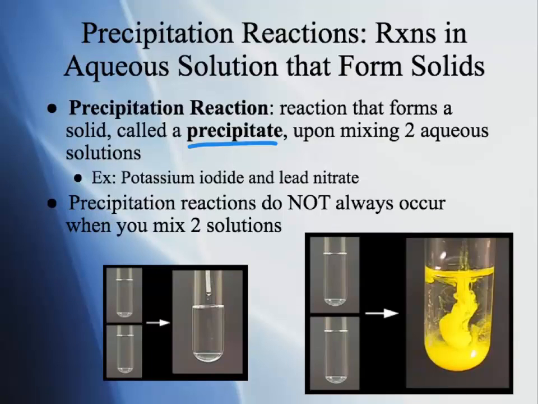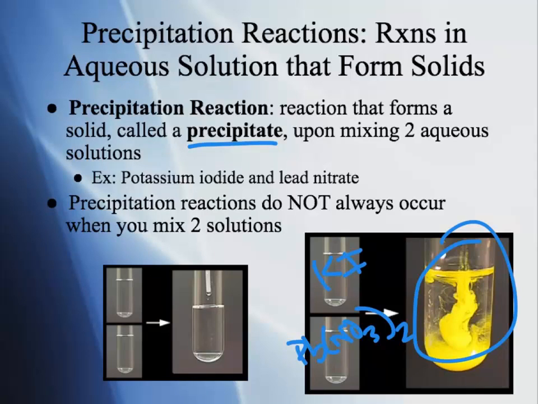Over here on the right-hand side, we have a solution of potassium iodide and lead nitrate. You can see both of those are clear, and when you mix them together, we get a precipitate. All of a sudden you get this dramatic yellow cloudy substance when you mix these two together. This is what we call a precipitation reaction.